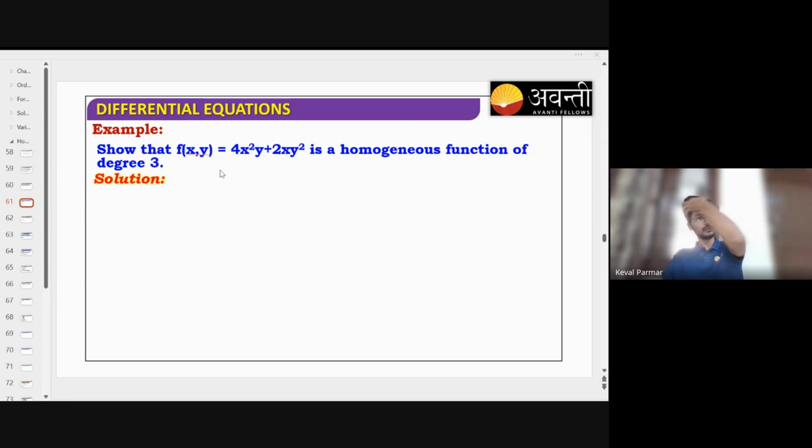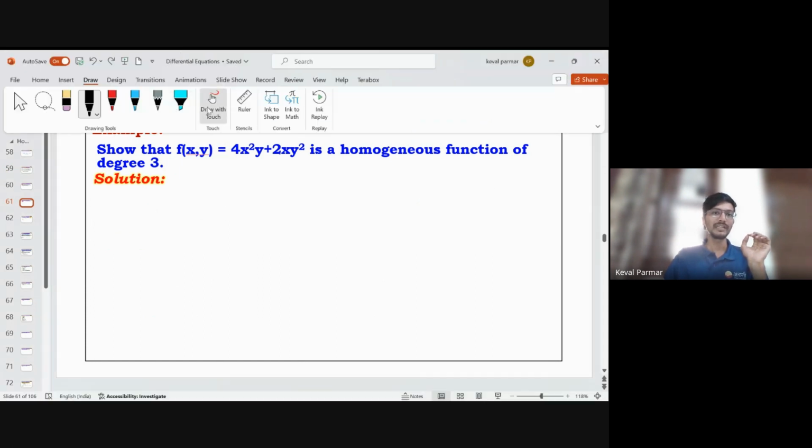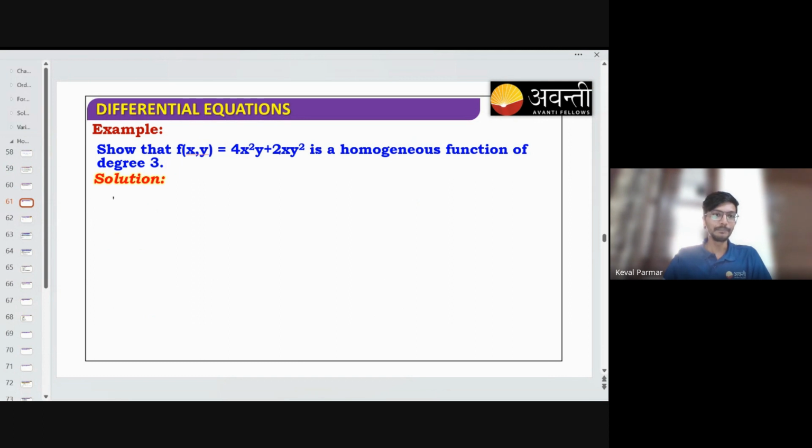Let us see some examples. This one says: show that the function is a homogeneous function of degree 3. So what do we do to check homogeneity? We replace x by kx and y by ky. So what will my function become? I will get 4 into kx square into ky, correct? Plus 2 into kx into ky square.